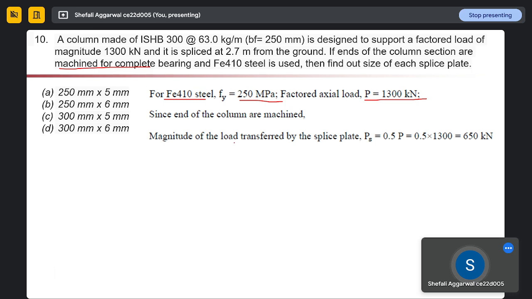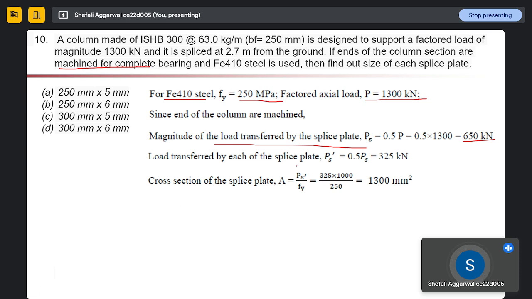We have seen these formulas now. Magnitude of load transferred in case of machined end is given by 0.5 of axial load, which is equal to 650 kilonewton. Next is the load transfer by each of the splice plate. It is given by 0.5 of load transferred by total splice plate.